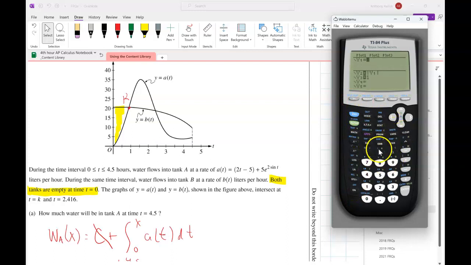So here's my A of t function. And I thought that was the trickiest part, recognizing what you had there, right?